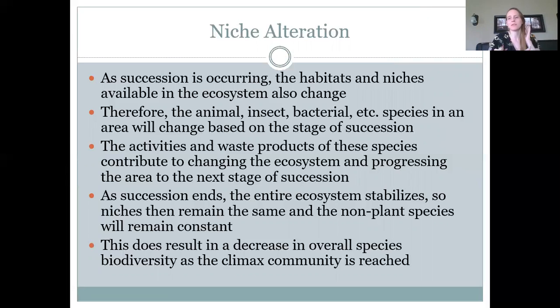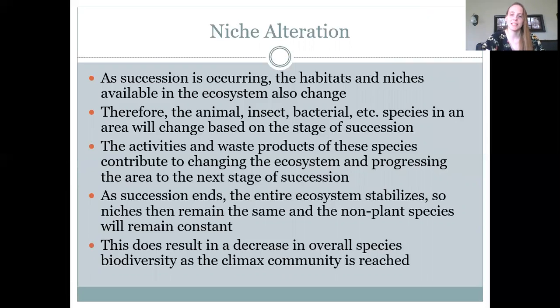Obviously, a grass habitat is going to support different animals than one that's made just of lichen or one that is a mature forest. As animals come and go, as this ecosystem is changing, they will also contribute to some of the changes, whether it be dispersing seeds or providing fertilizer to the soil, stuff like that.